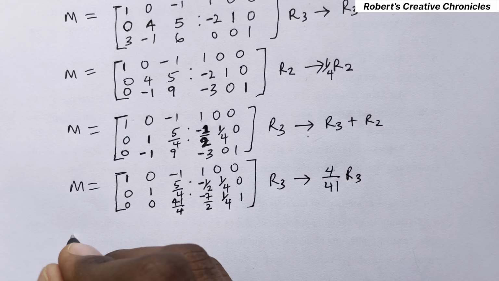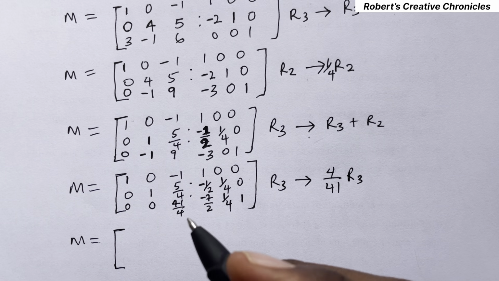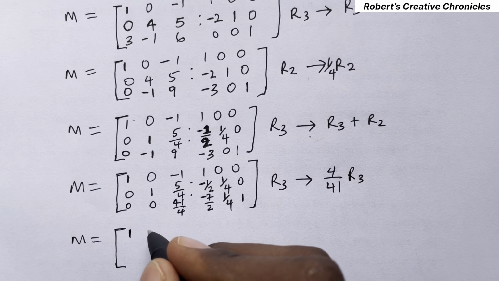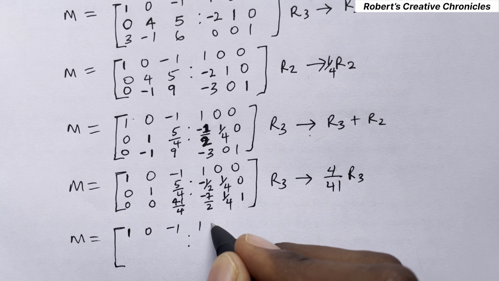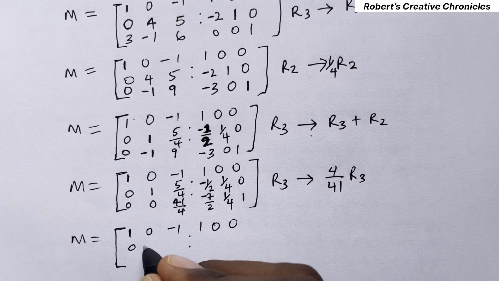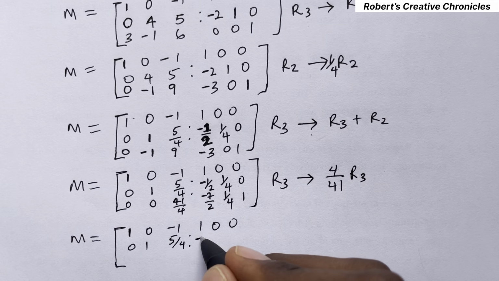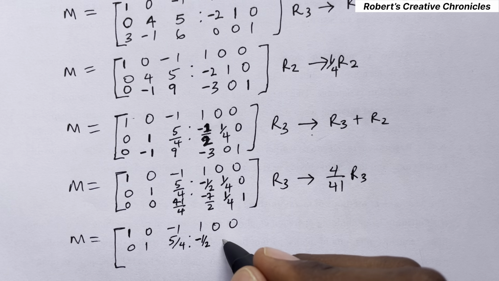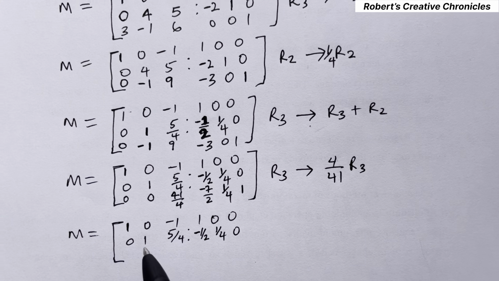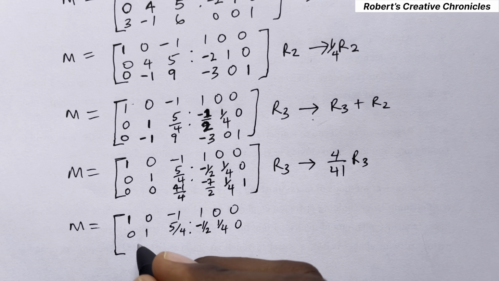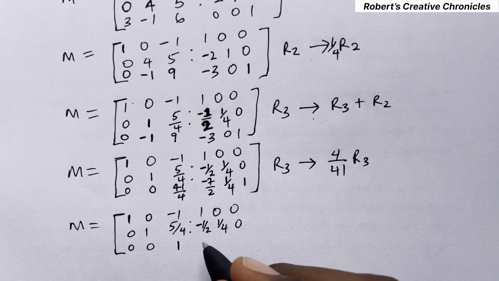So now this becomes 1, 0, minus 1, 1, 0, 0, 0, 1, 5 over 4, minus 1 over 2, 1 over 4, and 0. So now we multiply this by 4 over 41. This becomes 0, 0, 1.